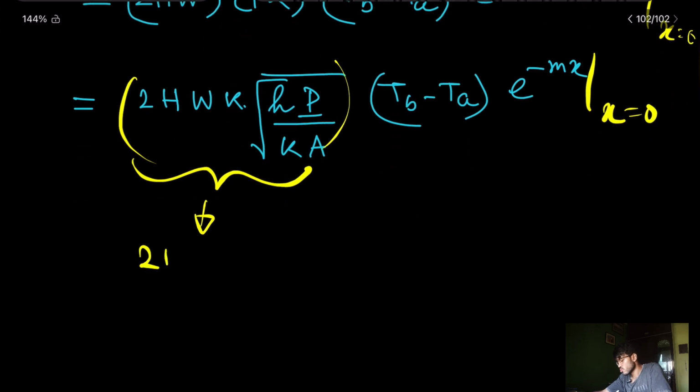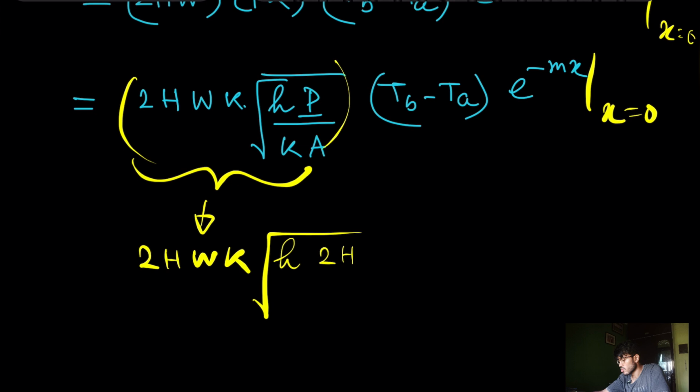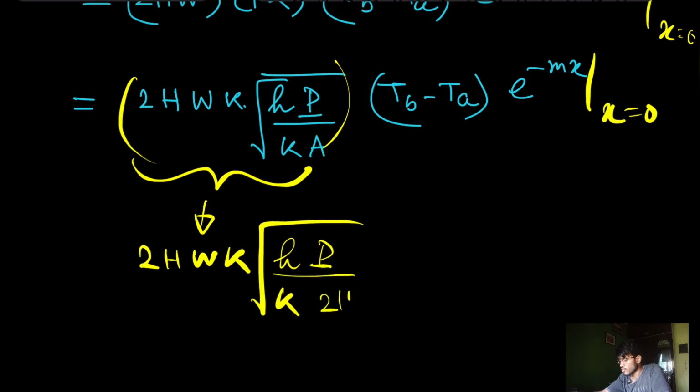Let us see. So 2hwk. Now h, so perimeter is what? 2h, okay, so let the perimeter be like that, and now area is what? Area is 2h into w, right?